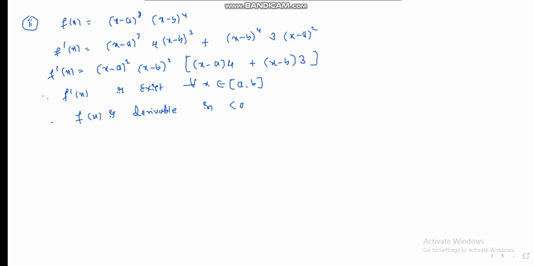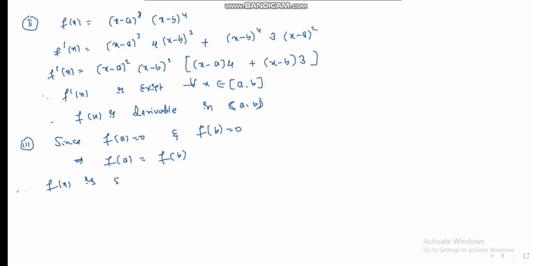Next we go for the third one. We already proved that f of a is equal to 0, and f of b is also 0. So this implies that f of a is equal to f of b here.